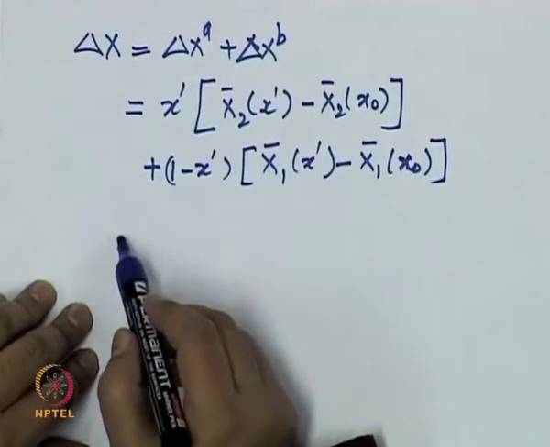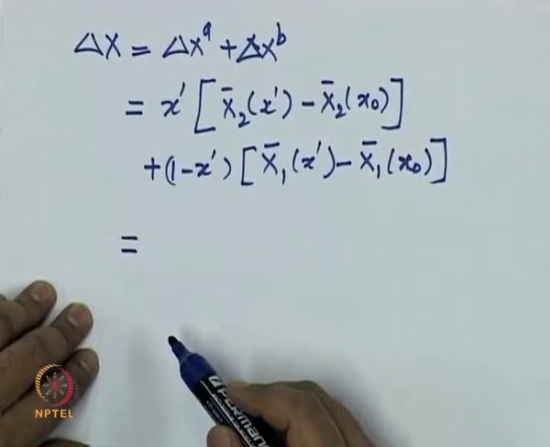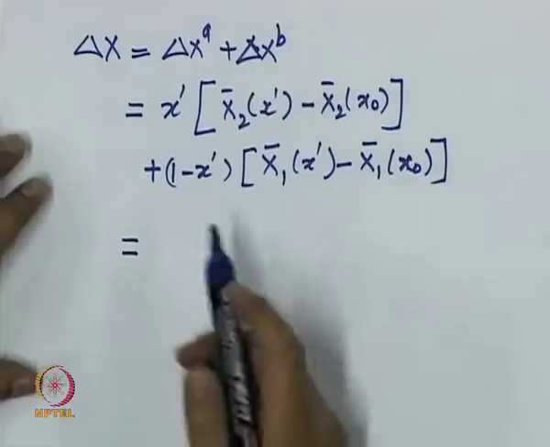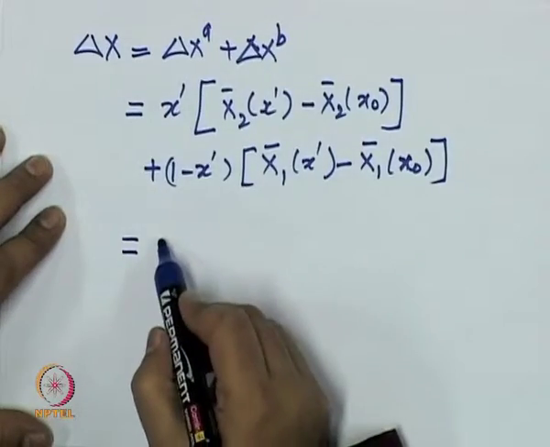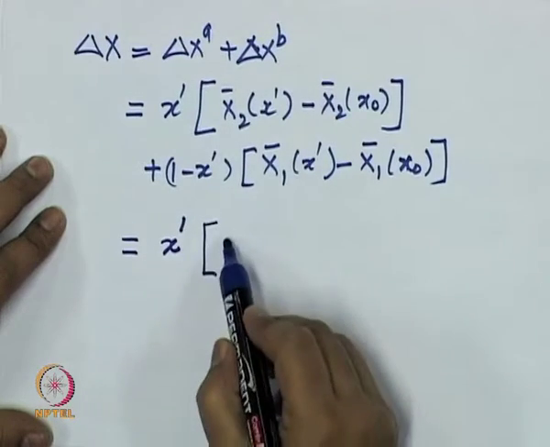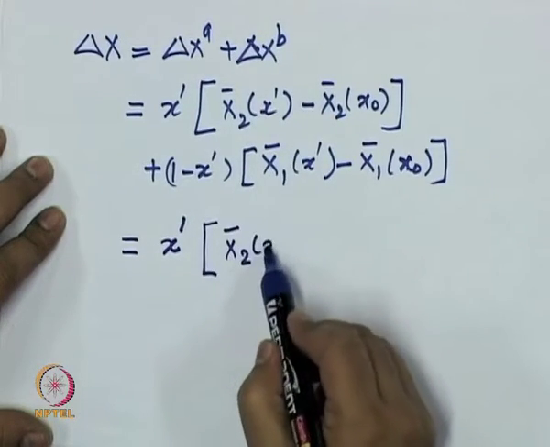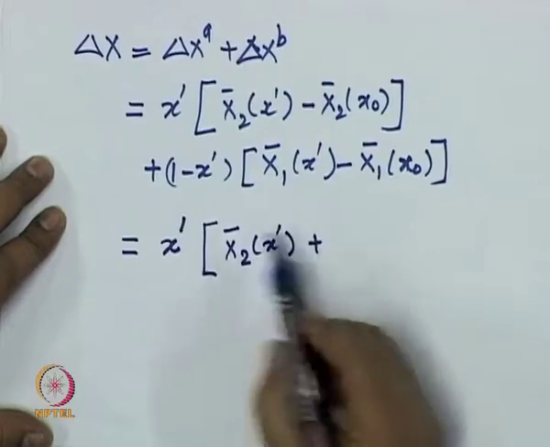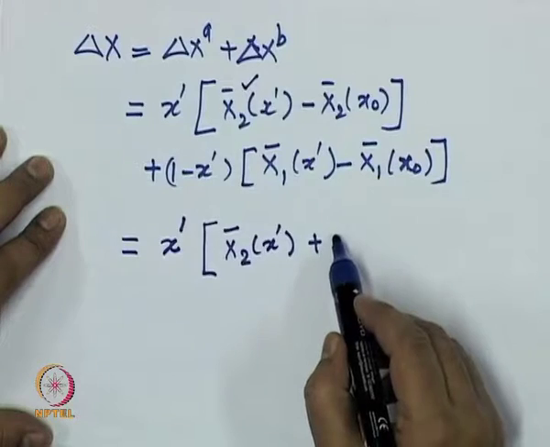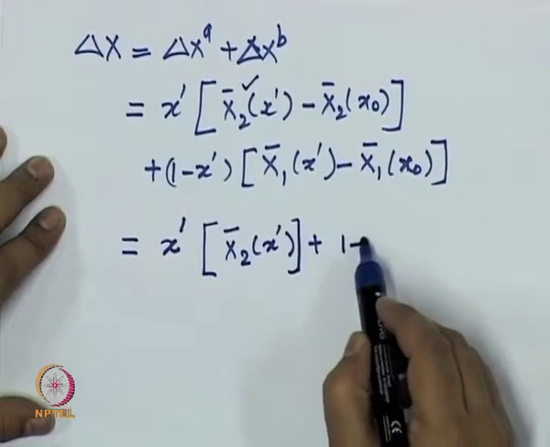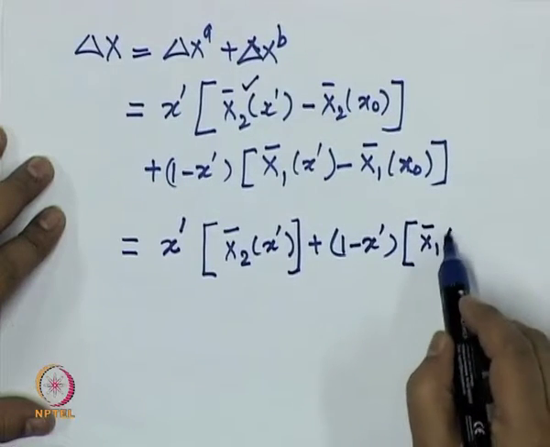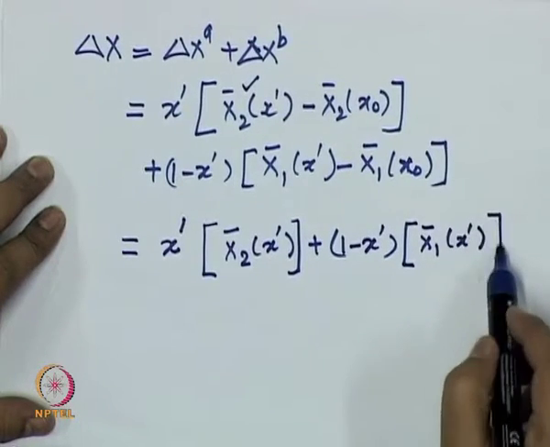So, there is a little bit of algebra here. Let me simplify this and write this expression. So, this expression can be simplified as follows. Let me take x prime times x2 bar of x prime plus 1 minus x prime times x1 bar of x prime.